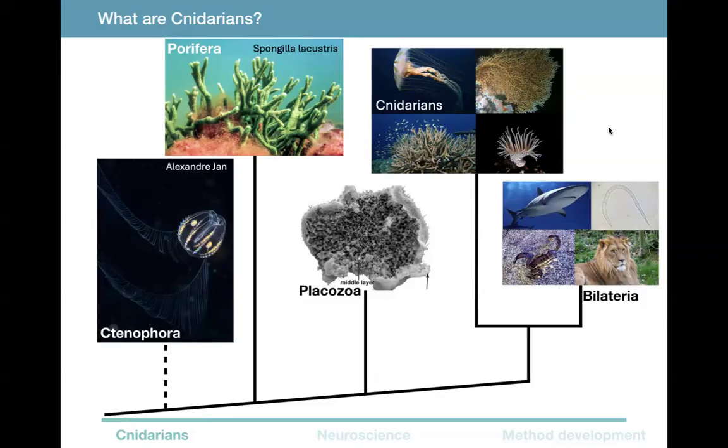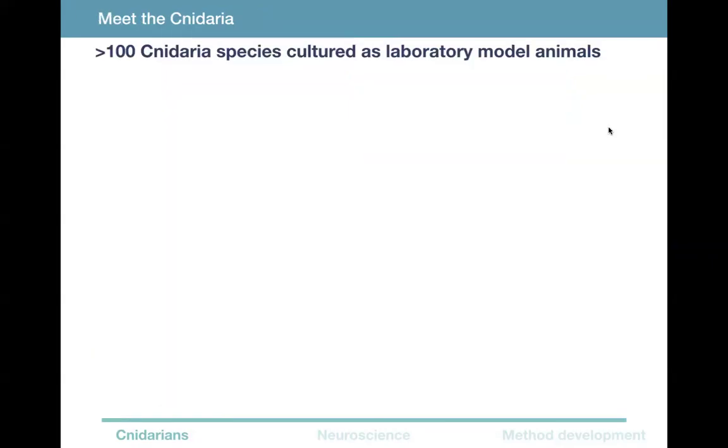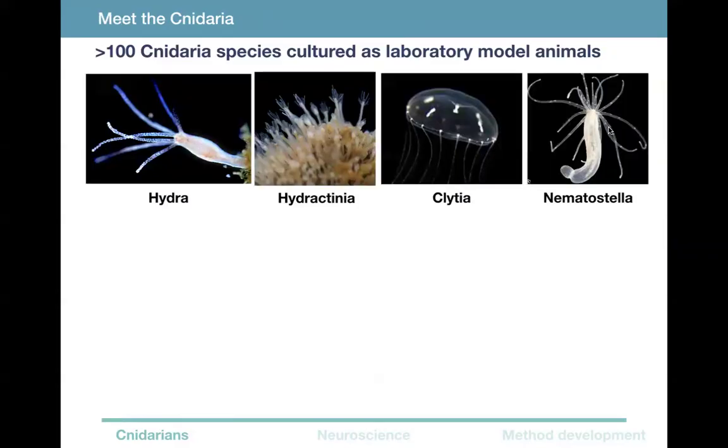Zooming in on Cnidaria, there are well over 100 different Cnidarian species cultured as laboratory animals, but there are 4 that really dominate the market. These are Hydra, which are freshwater polyps about 1 millimeter long, but they change their body size based on how well fed they are.